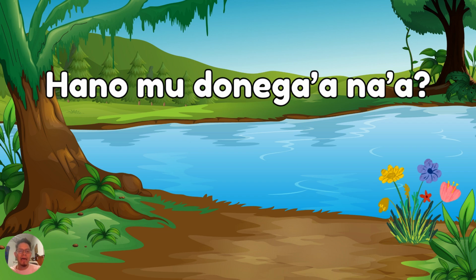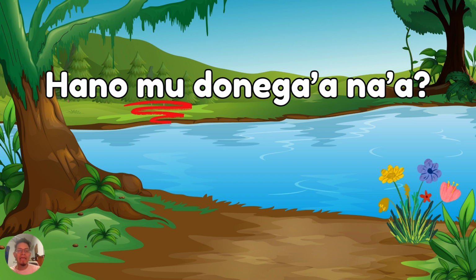Hano mudonigya na'a. Okay, we learned previously hano. Hano means where. Mu is the plural article the, but it indicates plurality, not singularity. So when we put mu in front of the word donigya, it indicates plurality, so it's flowers.